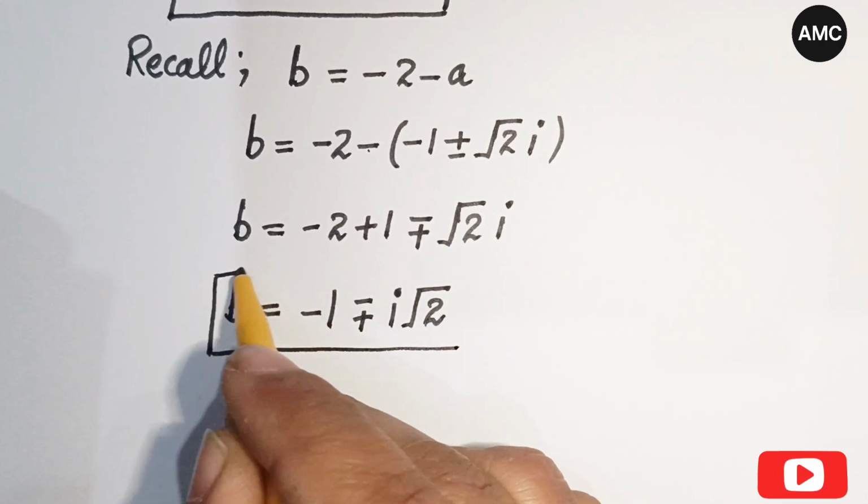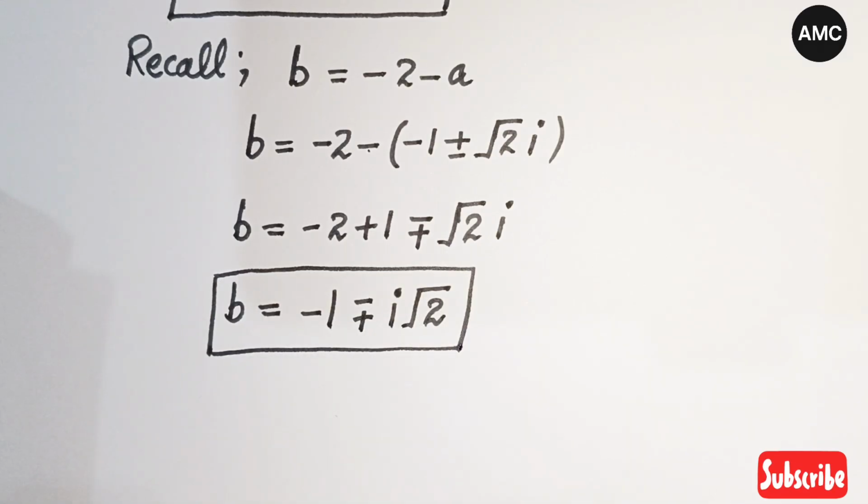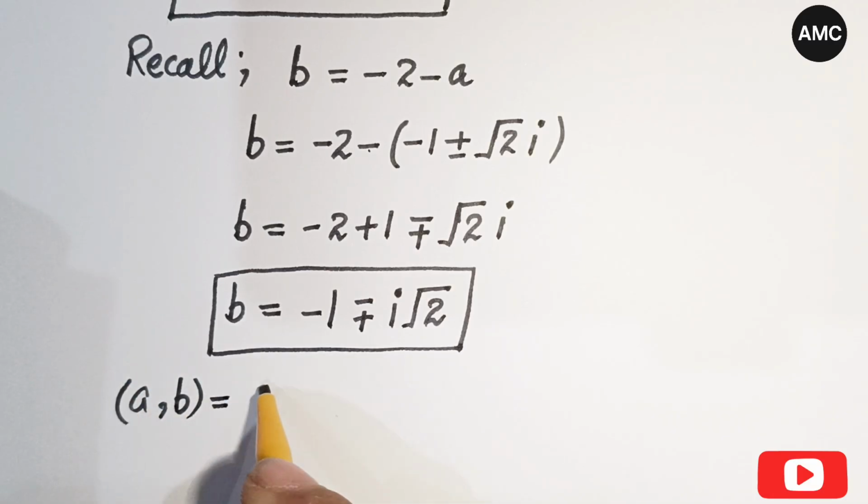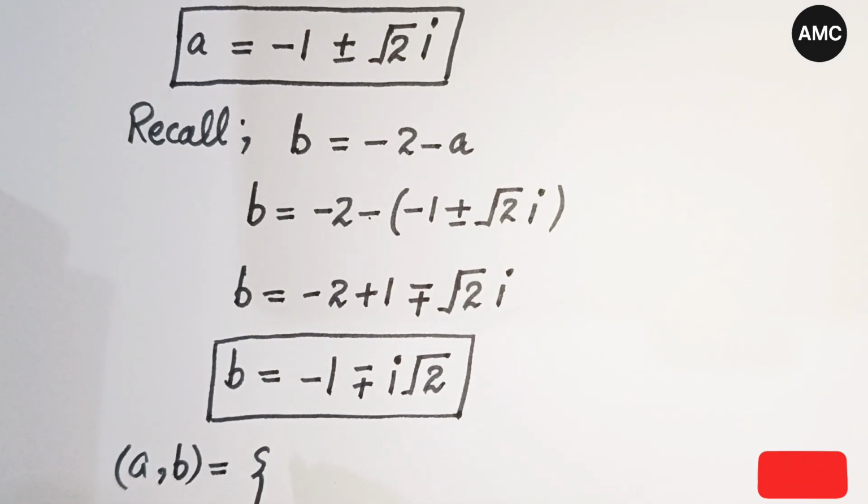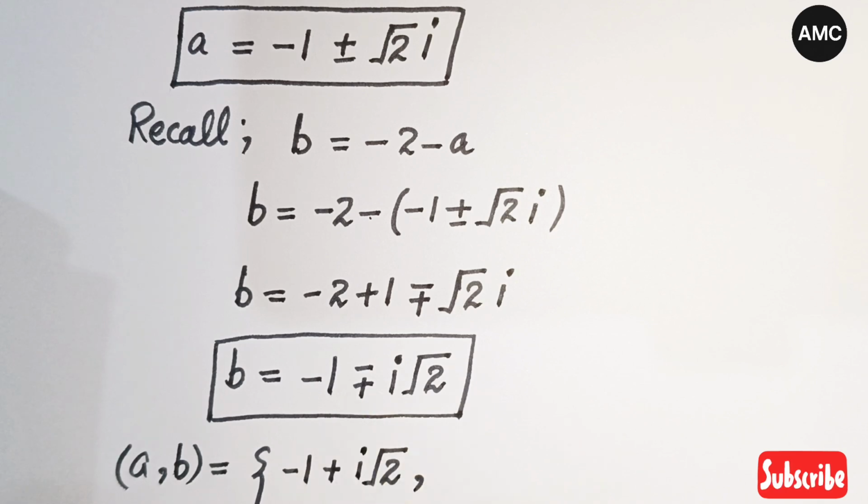Now we are going to write the set of solutions here. So a and b is equal to, here our value of a is minus 1 plus square root of 2i. So we can write that minus 1 plus i times square root of 2, and value of b is minus 1 minus i times square root of 2.